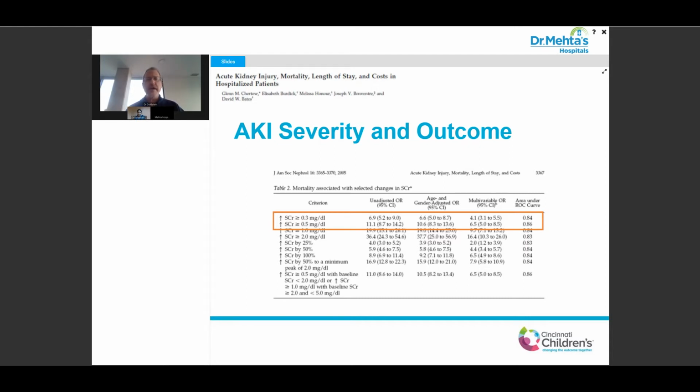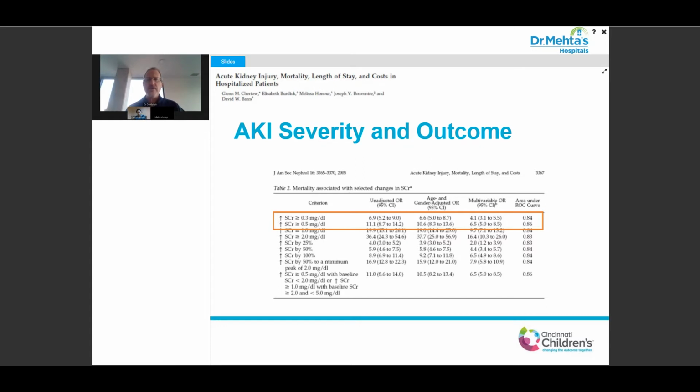When you look at the multivariable odds ratio in the second column from the left, you can see that a creatinine rise of 0.3 or greater conferred a 4 times odds ratio for death in these adults. This was controlled for age, race, New York Heart Association classification score for heart failure, diabetes, and COPD.